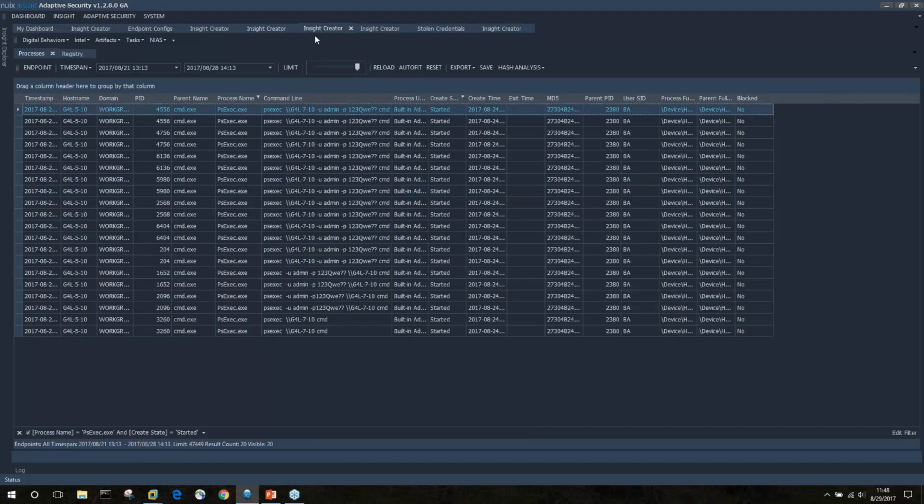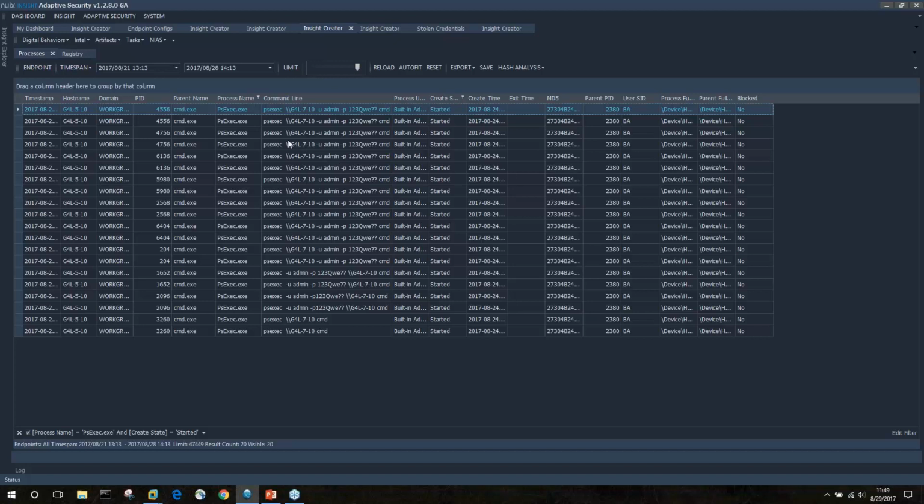So the next thing we'll look at is lateral movement, and there are so many techniques for this. There's a lot of different things we could look for. One thing to focus on that we see as an important and infrequently used tool is PSExec. So in this case, what I'm actually looking for is just the use of PSExec. And what I can see, because we're capturing the command line that's entered when PSExec starts up, is how it's being used.